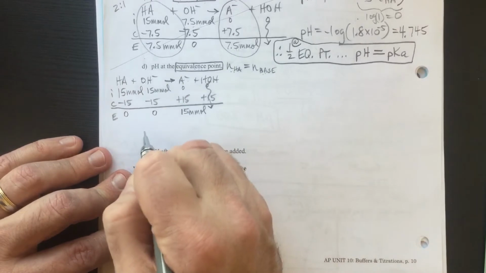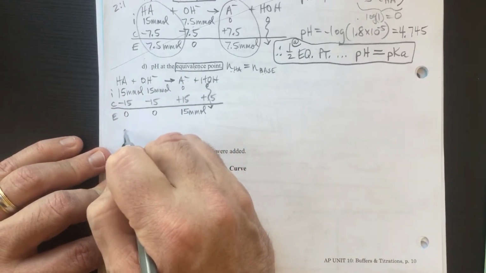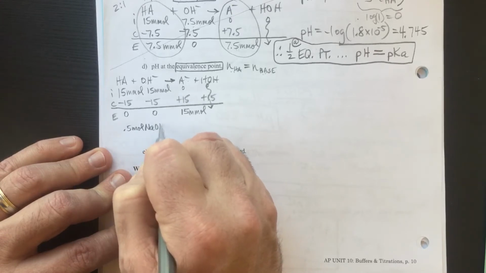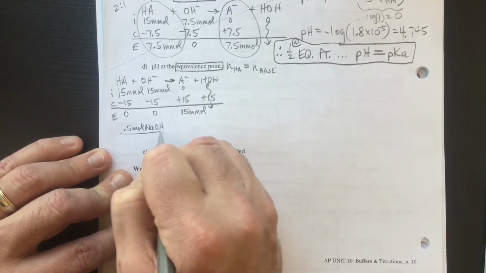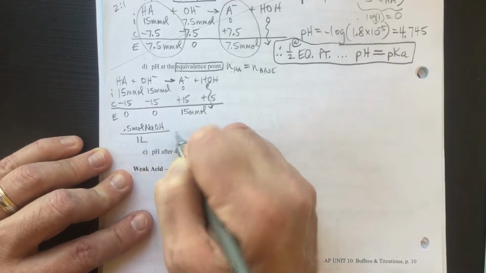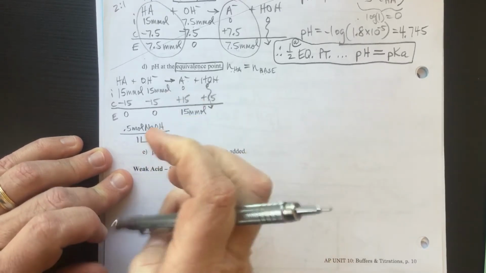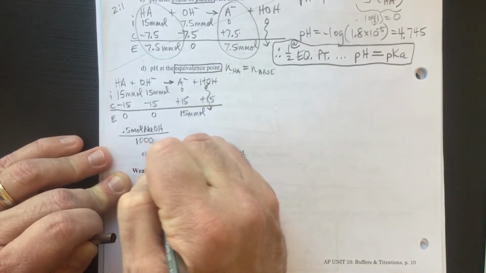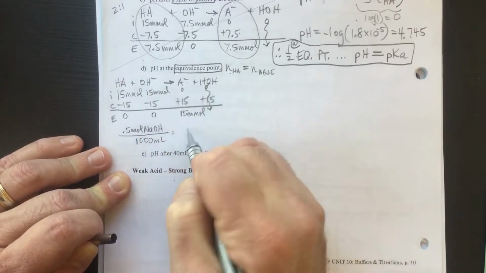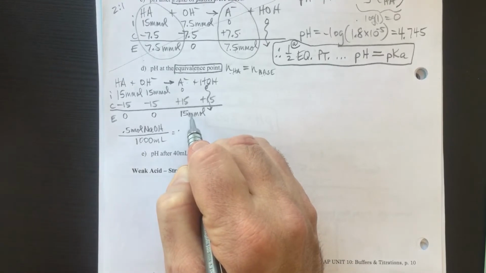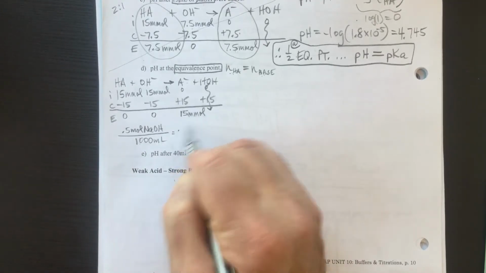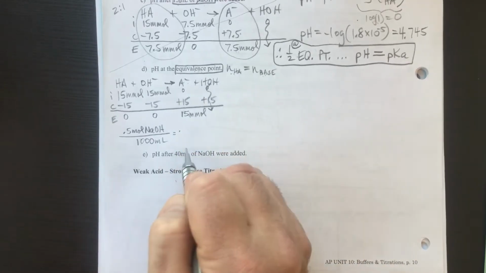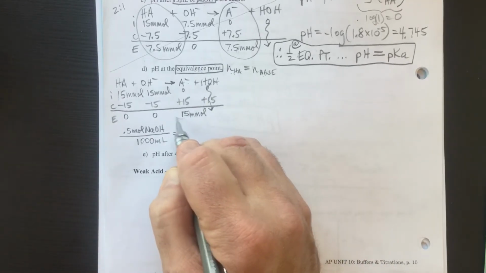So I'm going to set up a proportion. 0.5 moles of sodium hydroxide for every 1 liter, or maybe I'll do 1,000 mils, that might make sense, equals, now remember this is millimoles, so I'm going to convert that back to moles. I'm just scooting that decimal 3 to the left.